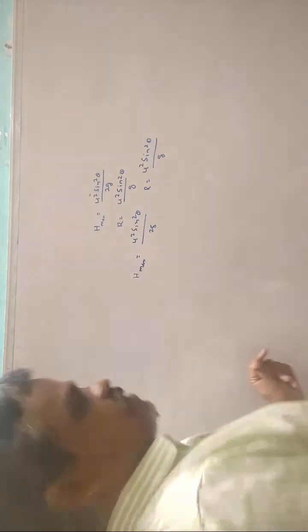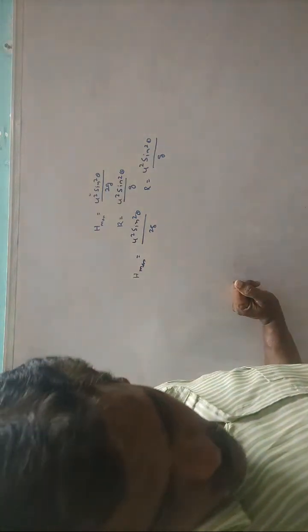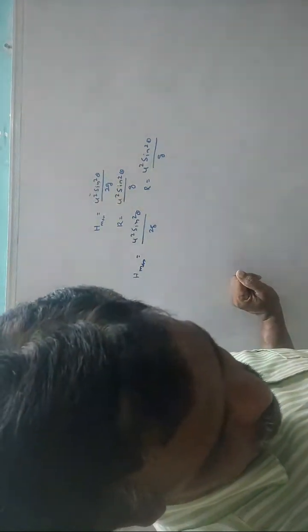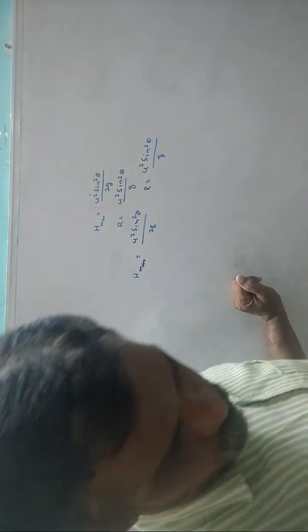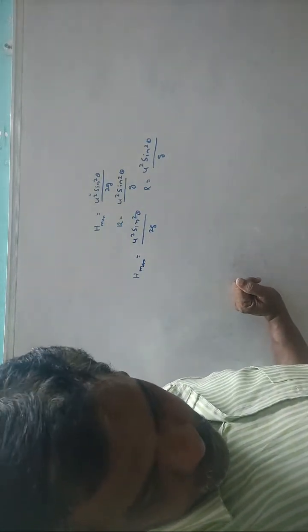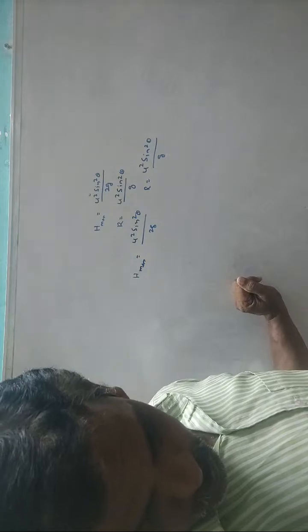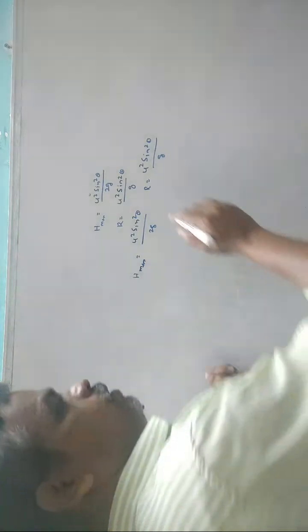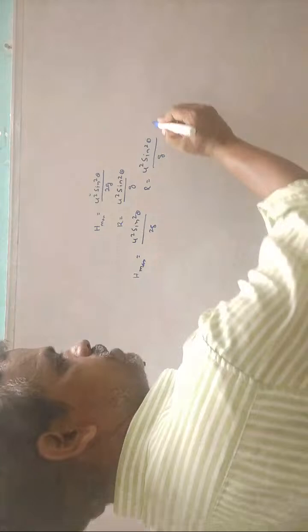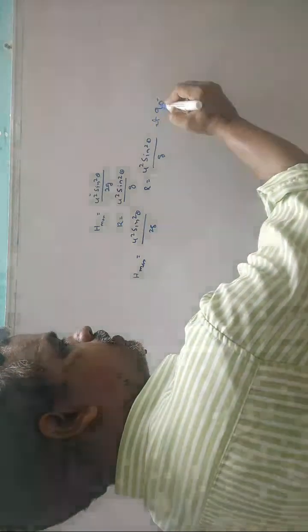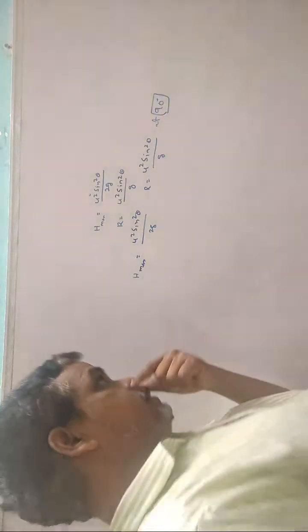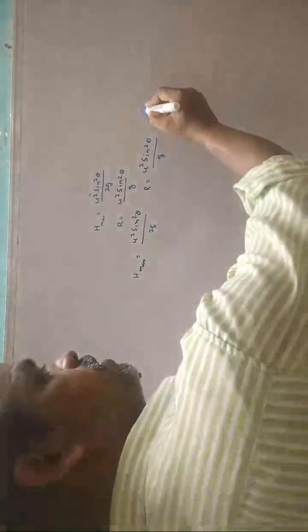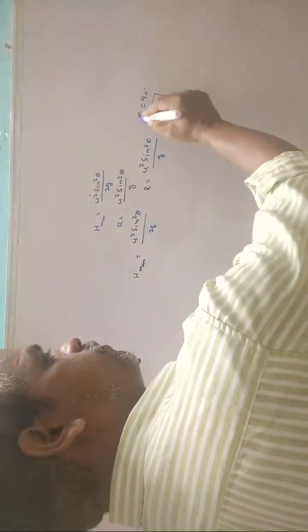So what is the relation between these two? How do we calculate it? The relation between these two at 90 degrees, that means theta is equal to 90 degrees. We are going to calculate that.